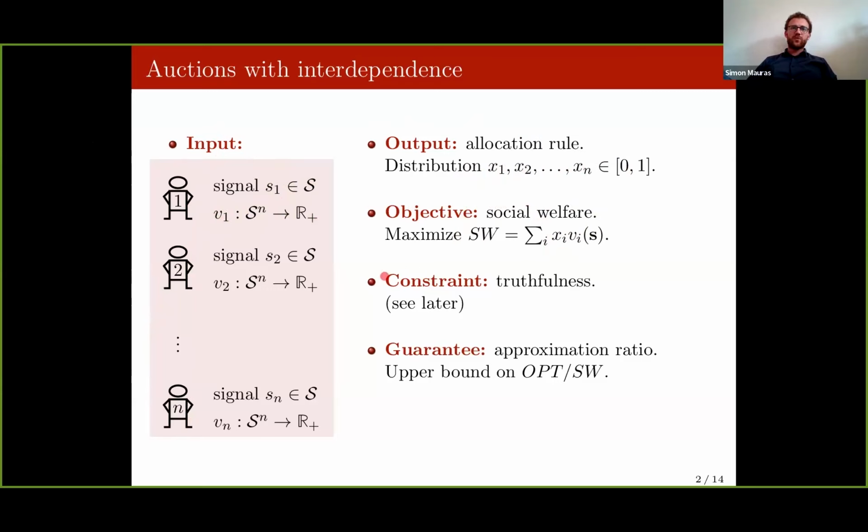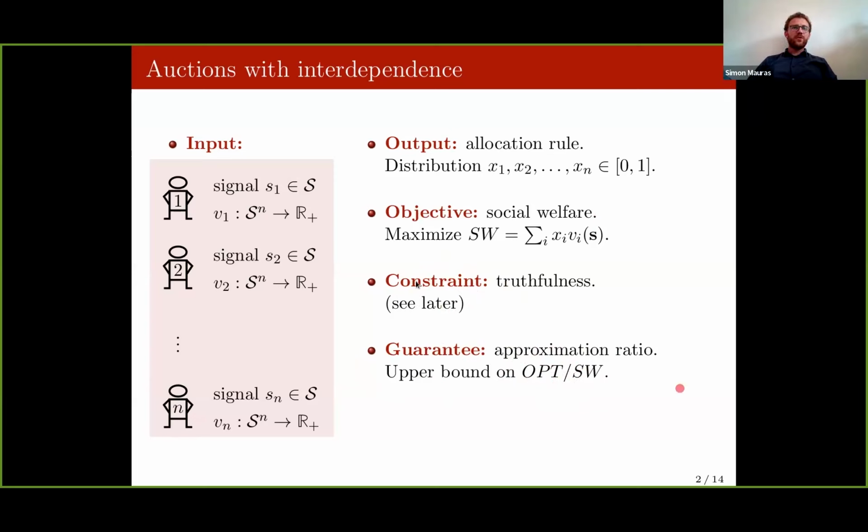Once again, we care about truthfulness, so we want the buyers to report truthfully, which we will see a bit later. Our goal is to find approximation guarantees, an upper bound on the ratio of the optimal value divided by the social welfare achieved by our algorithm.